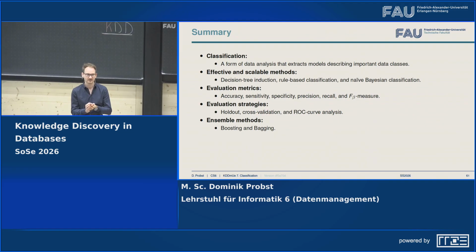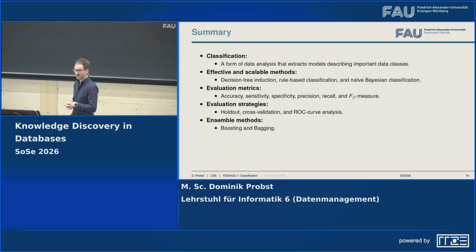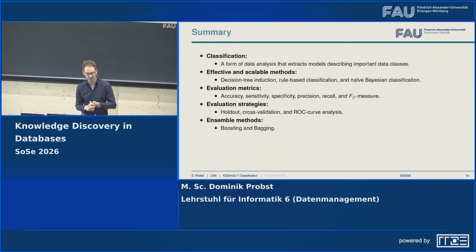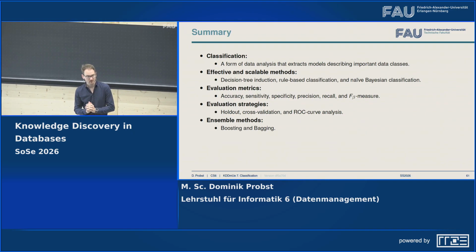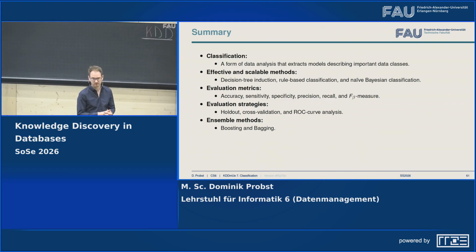Rule-based classification is basically most often done in conjunction with decision tree induction, since we can derive rules from decision trees. That's pretty easy to do. We also talked about evaluation metrics today: accuracy, sensitivity, specificity, precision, recall, and the F-beta measure. We talked about holdout and cross-validation, and we also had a quick excursus into ROC curves.